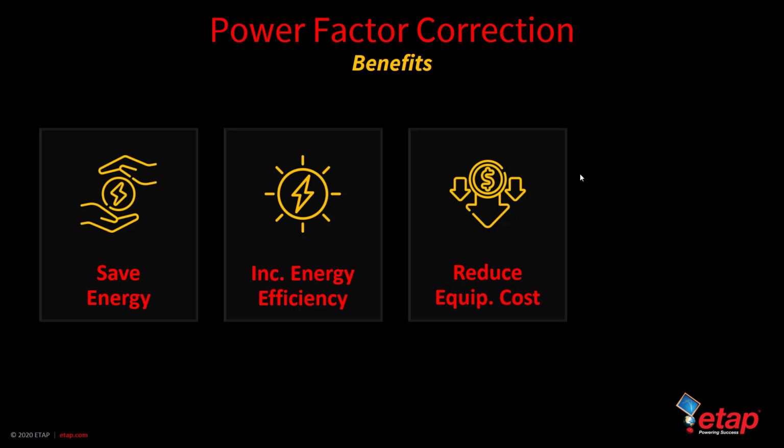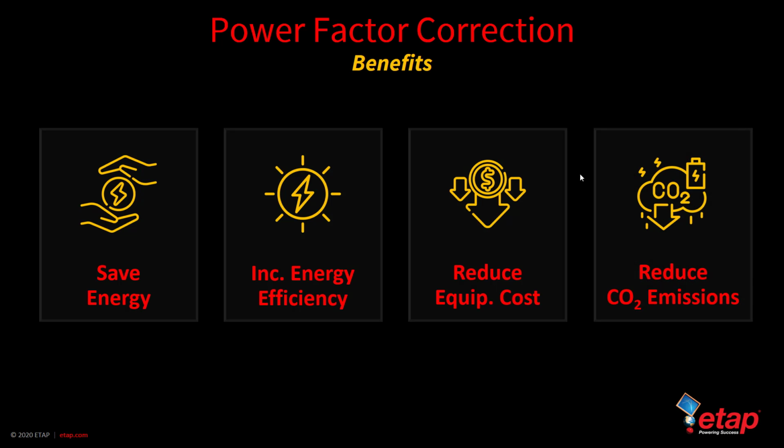You can also reduce equipment cost through an efficient power factor that allows you to use smaller transformers, switch gears, and cables, which improves the overall reliability and lifespan of the equipment. And finally, you can also reduce CO2 emissions by eliminating energy waste and overall consumption, which reduces heat and transmission losses on equipment and systems, and in return reduces your CO2 or carbon footprint.